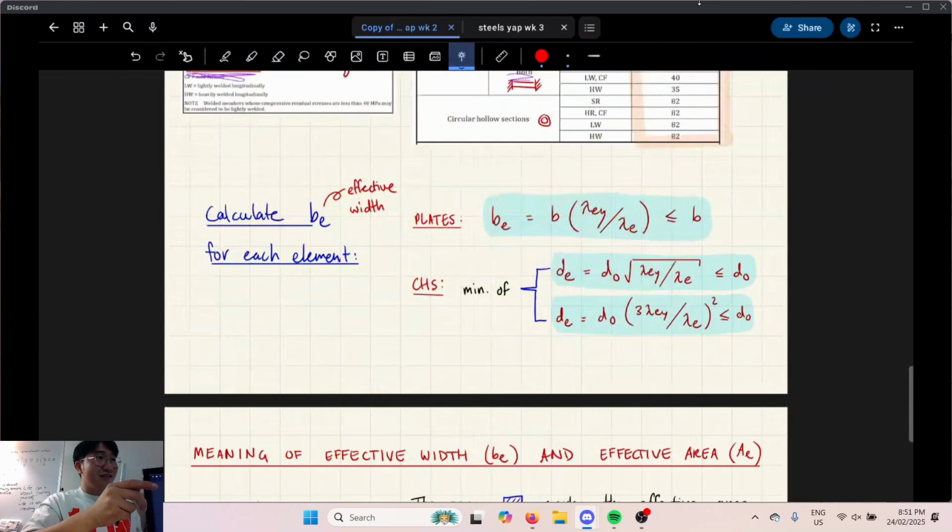It means it's fully effective. So you set it back down to B, because geometrically it can't be bigger than B. That's why there's this bit here which says less than B. But if it's less than B, it means there's some ineffective area basically.